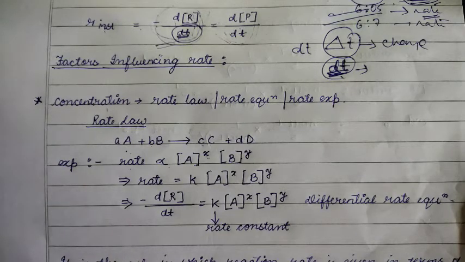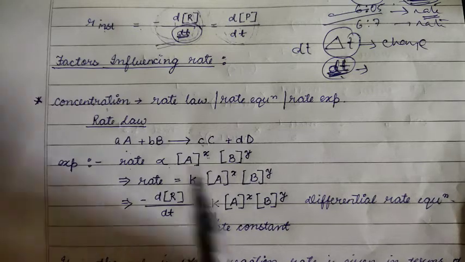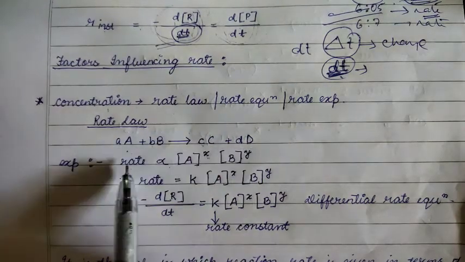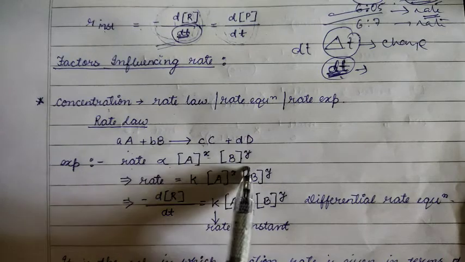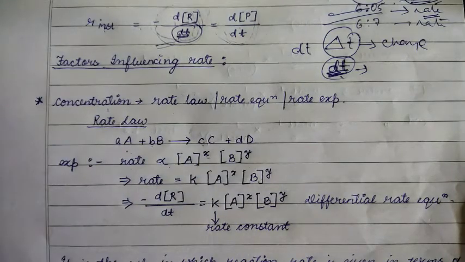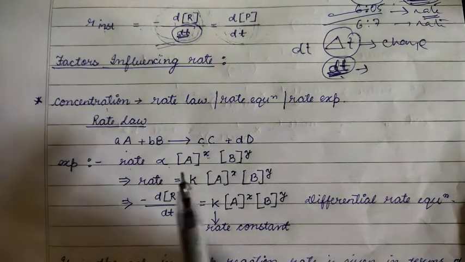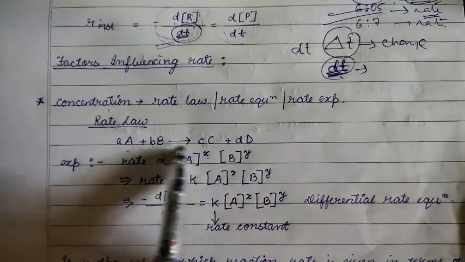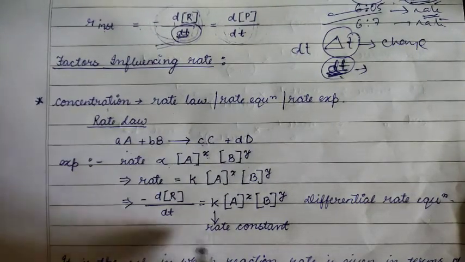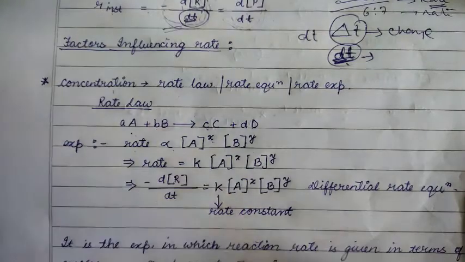Accidentally sometimes they become equal, while most of the time they are not equal. So it is not dependent on the stoichiometric coefficients. By looking at the reaction, you can never write the rate law. For the rate law, you have to do the experiment. By looking at the reaction, you cannot determine the rate law or the rate constant that you are going to get now.